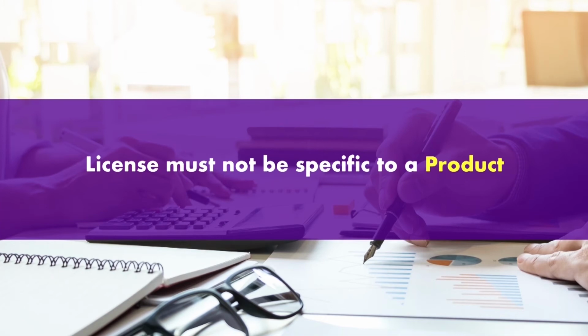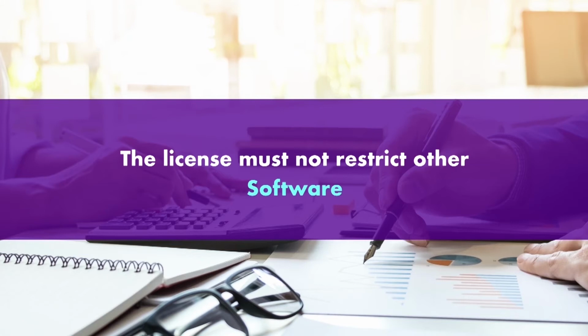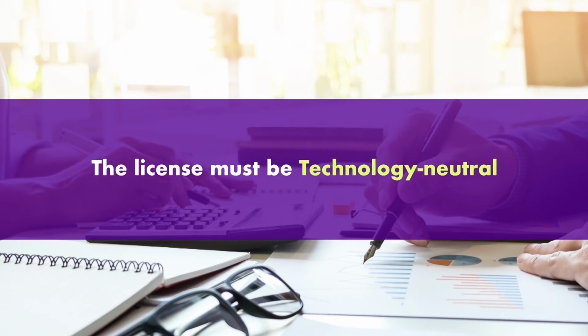Licenses must not be specific to a product. The license must not restrict other software, and that license must be technology neutral. So these are the 10 commandments given by the opensource.org group, and these are actually considered the global de facto recommendations related to open source software.